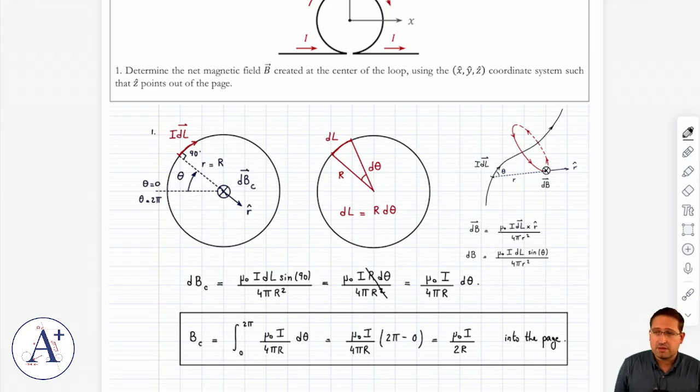I would be surprised if midterm 2 does not have Ampere's law on it, if I were a betting man. So make sure that you spend enough time on it and you go through different types of problems and different current distributions, in other words, different shapes, so that you know how to apply your contour, evaluate B dot dl, and set it equal to mu naught I encircled.